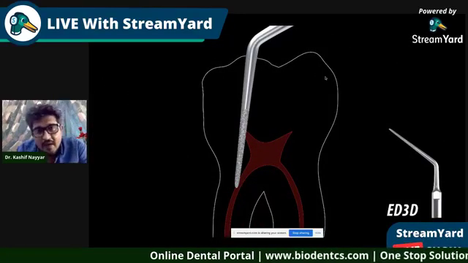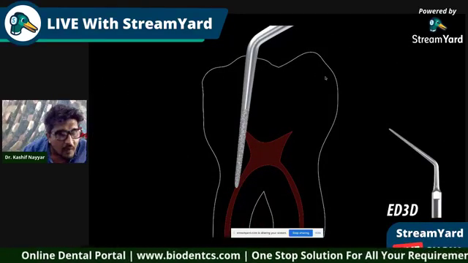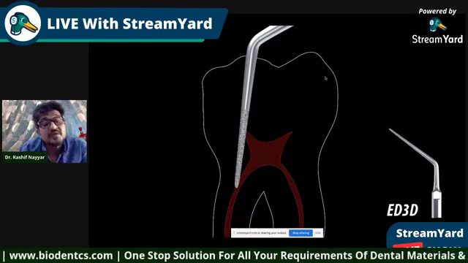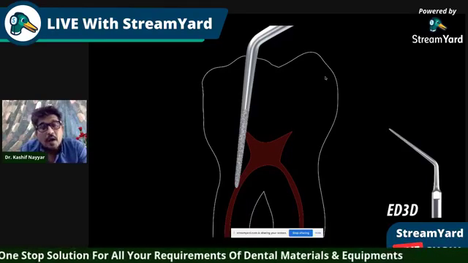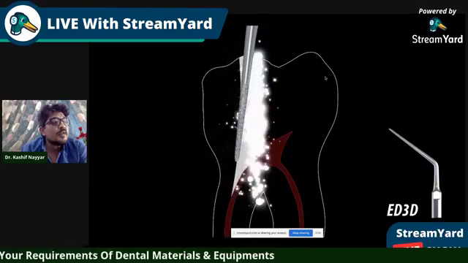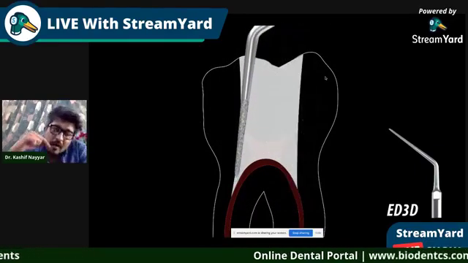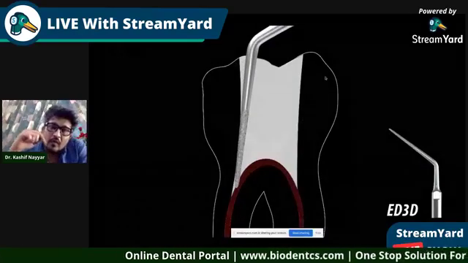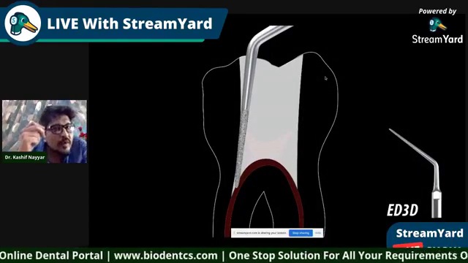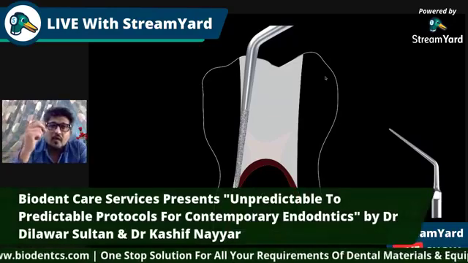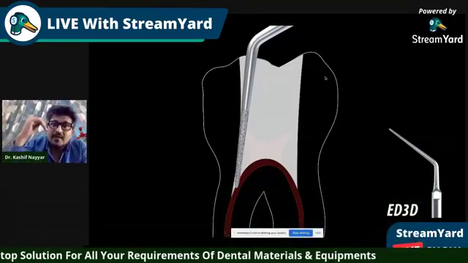Another way is access refinement using ultrasonics. If you have some calcifications in the pulp chamber, they are easily eliminated with the help of ultrasonics. The modern ultrasonics, which are piezo, have linear oscillation, so they are quite helpful. You don't have to apply force, just hold it like a brush and let the tip work.